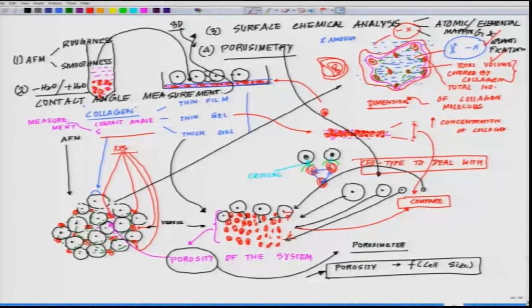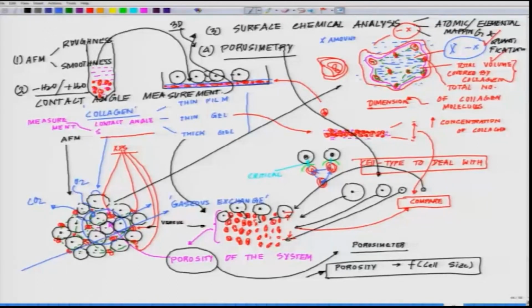Not only that, this 3-dimensional matrix ought to be created in such a way that the gaseous exchange happens properly. Okay? Because in such microenvironment, if you see the interior of the microenvironment, there are metabolites which are being given out in the form of CO2 and the cells will be needing oxygen.